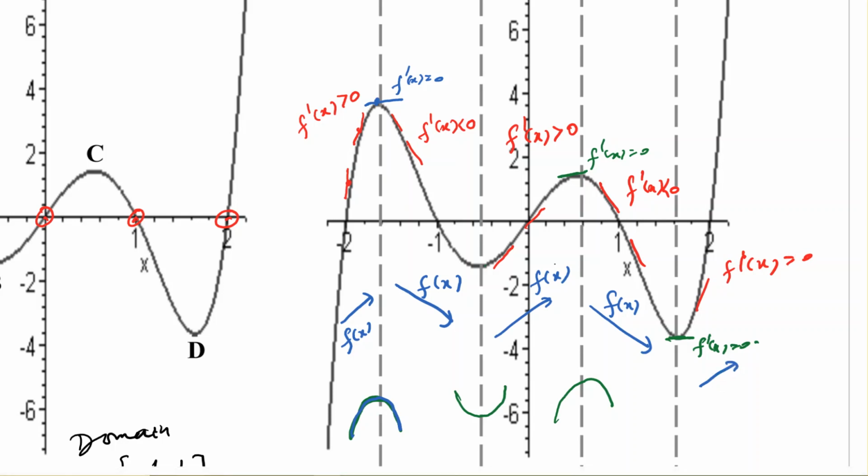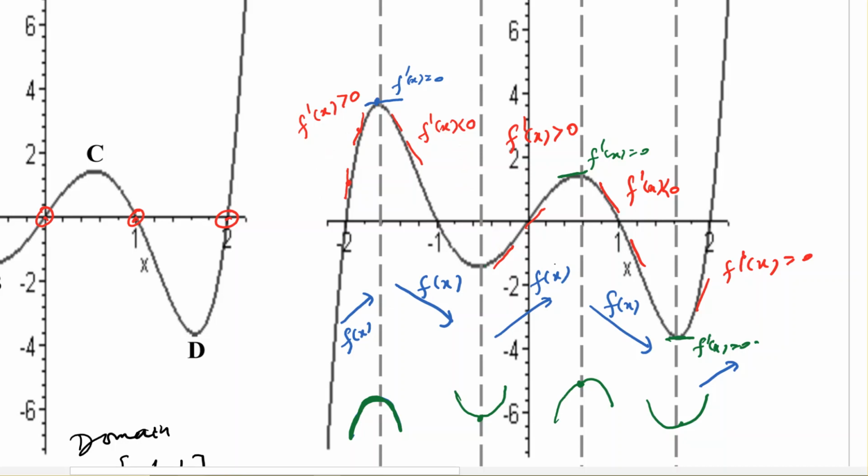So it looks something like this. Here we see that whenever in the interval the slope is positive, the function is increasing. When the slope is negative, the function is decreasing.